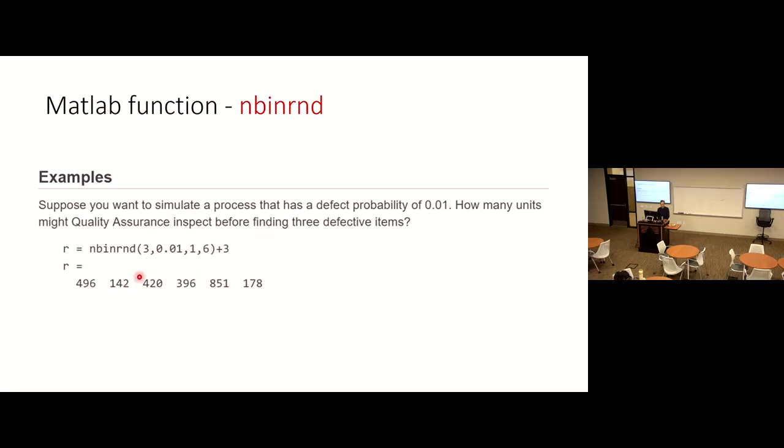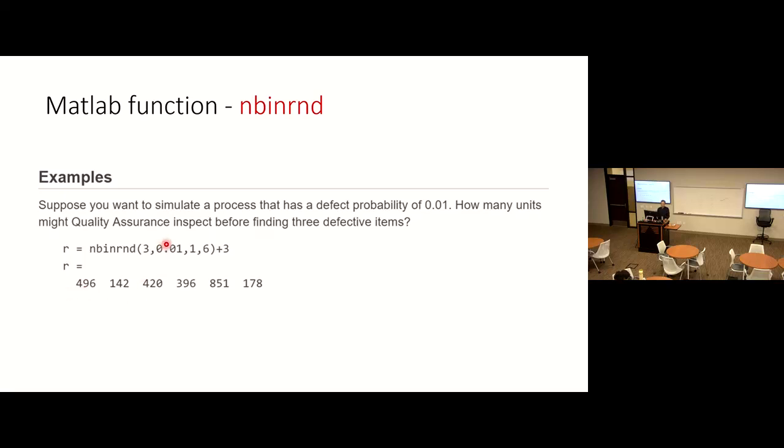But the average number will follow that distribution. Because it's a random generator, you don't expect the same number. Adding 3 accounts for the 3 defective ones, giving the total number of trials. In this case, you need to check 496 products in order to get 3 defective ones.